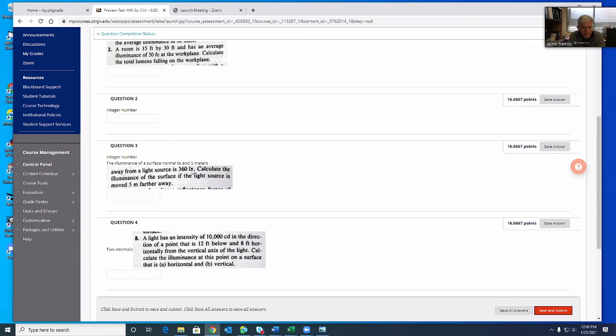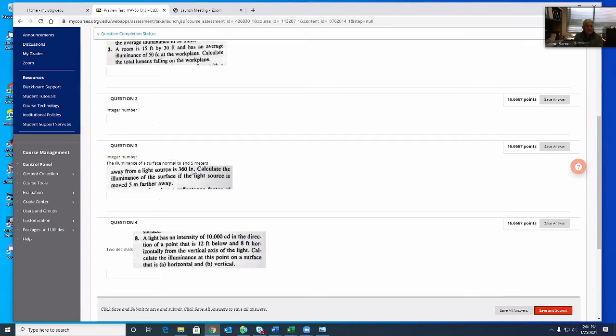So calculate the same illuminance if the surface is moved 5 meters farther away. Okay, so here we only have data in luxes and distances, and we need to calculate the new luxes for the second distance.